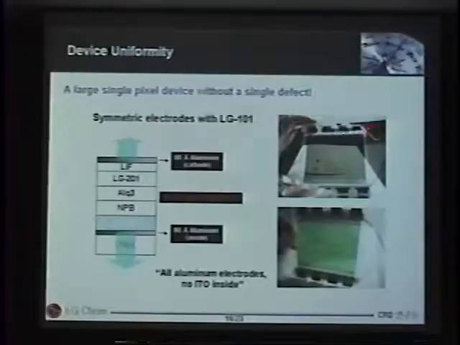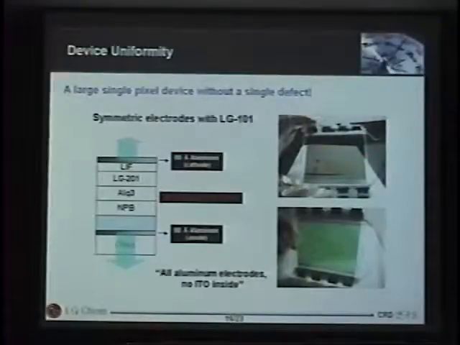And we made this large device, a 7 by 8 square centimeter size OLED device. It's just 1 pixel. And as you know, if there is one tiny pinhole in this whole device, there will be a leakage channel, and most of the current will flow through that leakage channel, and sometimes it will burn down this whole OLED device.